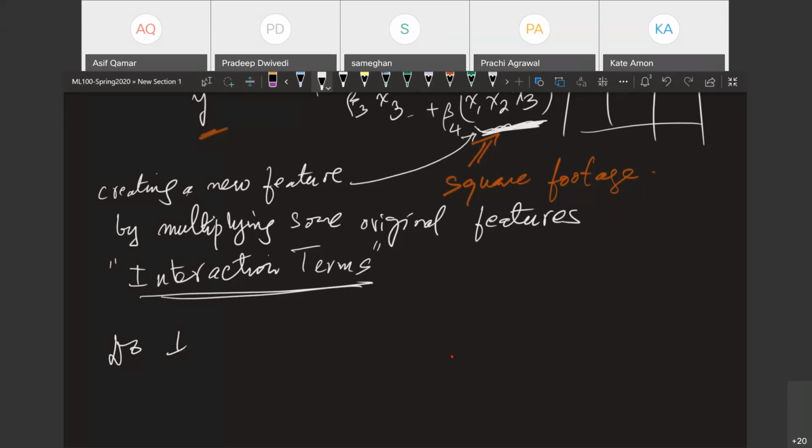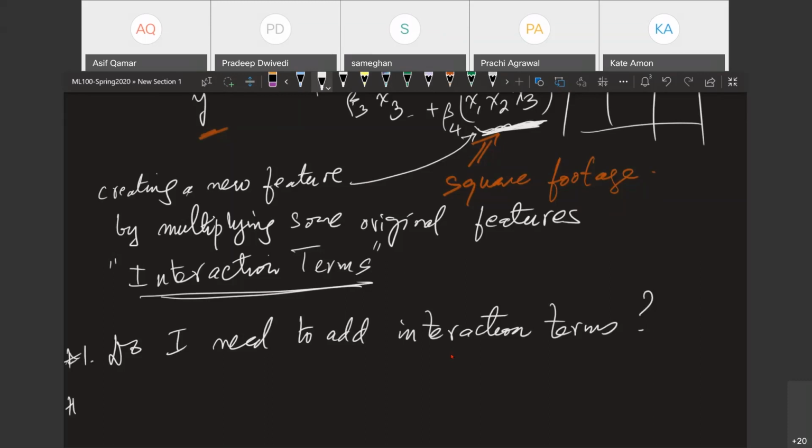Do I need to add interaction terms, right? Number one. Number two, a question that you have already asked: do I need to add polynomial terms?